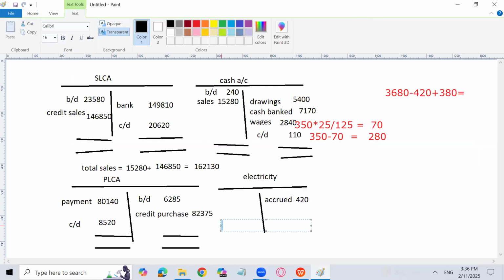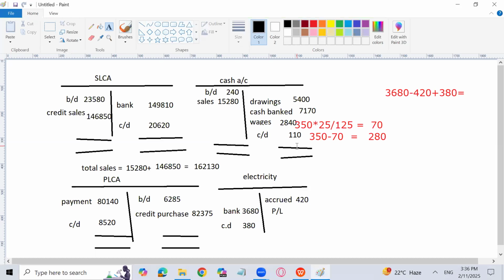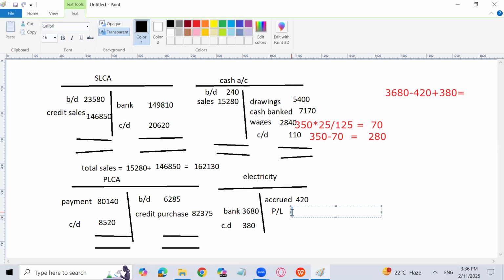Accrued carried down will come over here, that is 380. Then the bank figure will come, electricity debit and bank credit, that is 3680. And you will find the profit and loss account figure like here. So automatically closing will be added and opening will be subtracted. How much? 3640. Same is the case with prepaid.